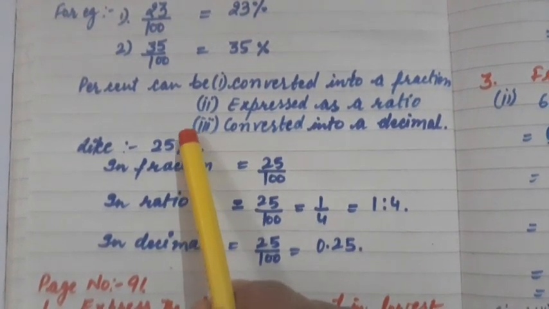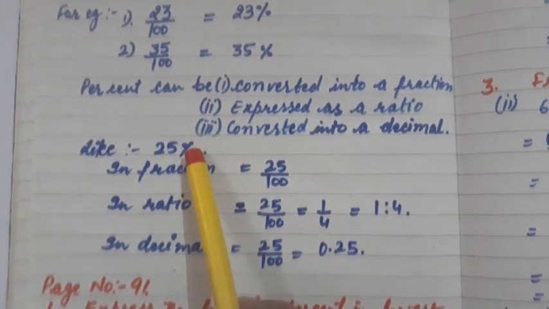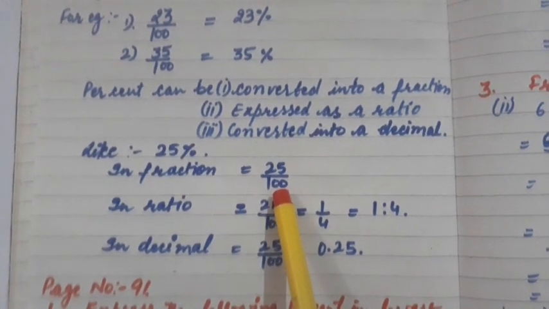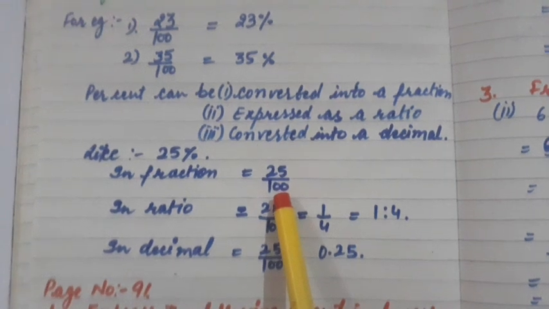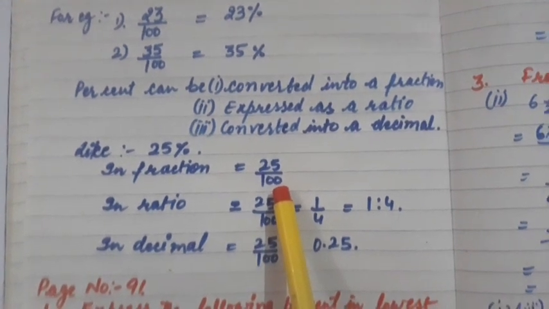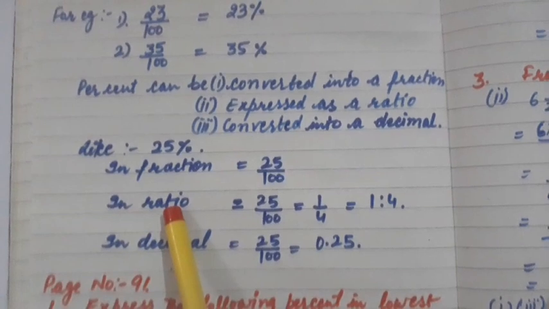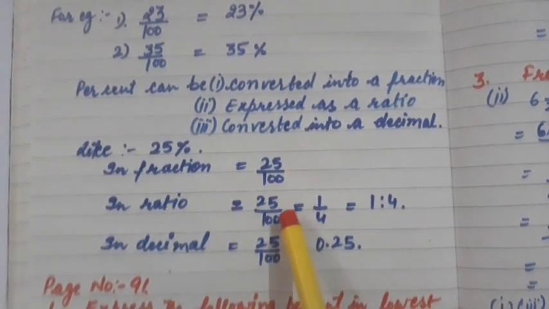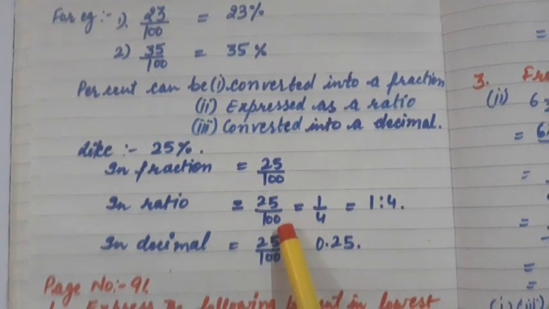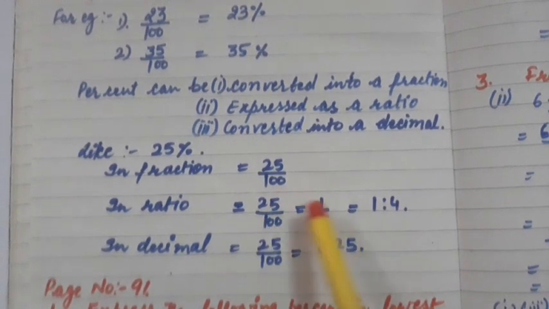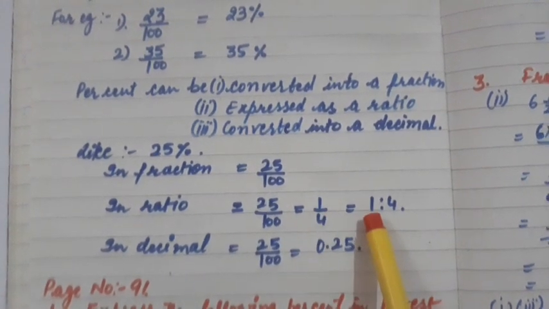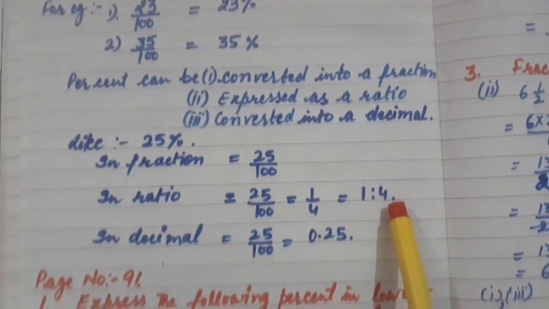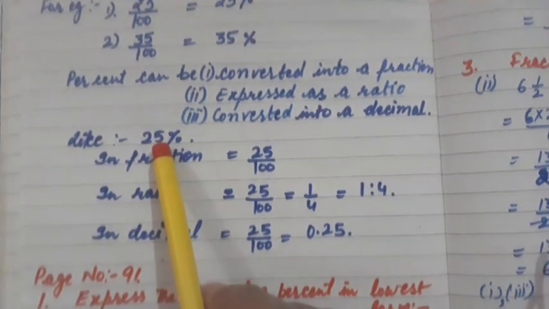When we remove the percent sign, it changes to upon 100. And now in ratio, we will convert it into simplest form, 25 upon 100. When we cancel, we get 1 upon 4. So it is equal to the ratio 1 to 4. It is the ratio of this 25%.